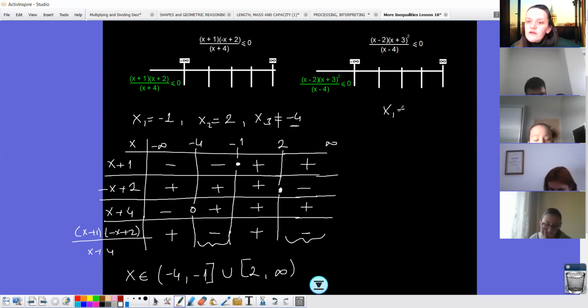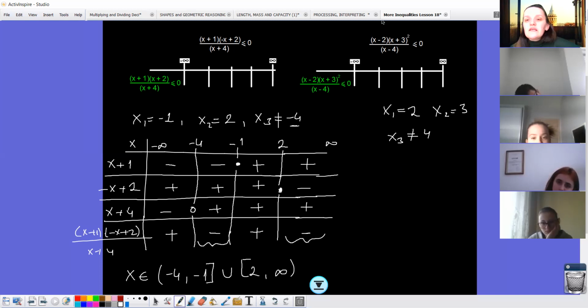We'll have x1 as 2. x2 will be 3, it will be minus 3, but here you have plus, it will be plus 4, but only 4. Only I want to tell you, in this case, x2 is the double root.